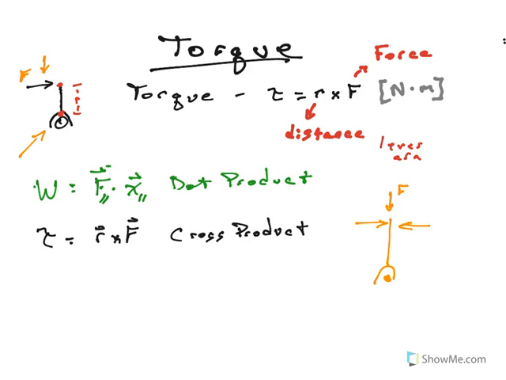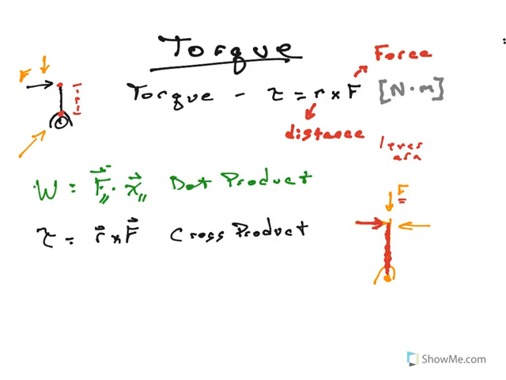So notice what's happening. If this line is the distance line, the y direction, then the only amount of force which is going to give rotation is how much is perpendicular to that line. This F, pushing straight down, is parallel.